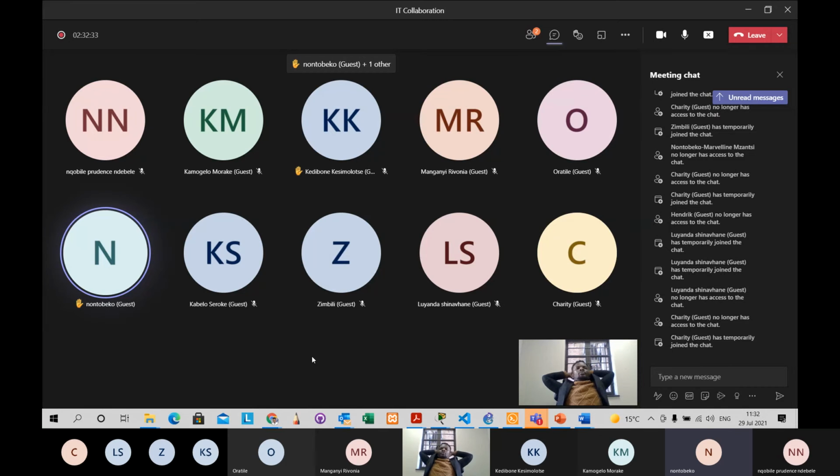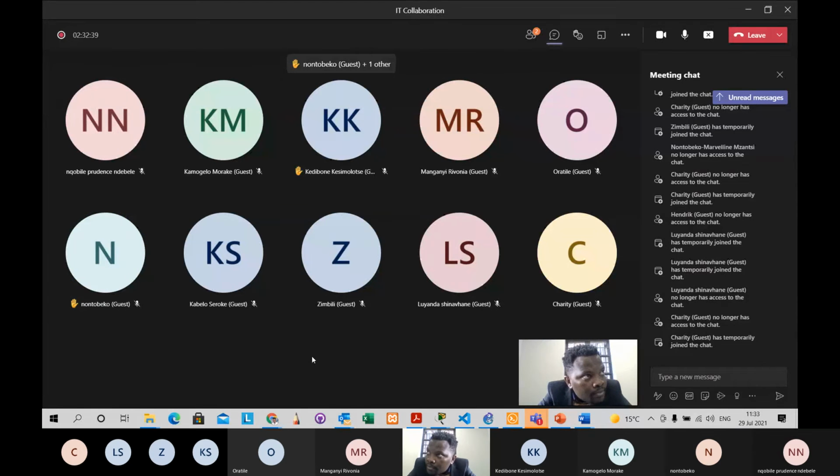Would that be correct? What is a bot? Let's start there. Do you know what a bot is? I think those that joined Adrian's class touched on the botnet, right?